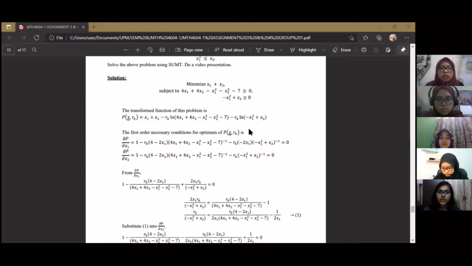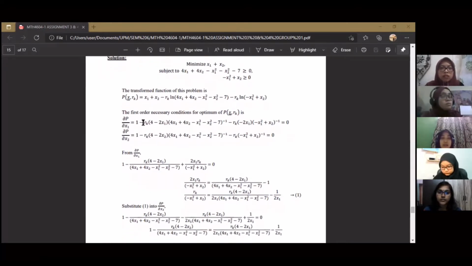Okay. Next, we need to find the first order necessary condition for optimum of P(x, rk). We need to differentiate with respect to x1.